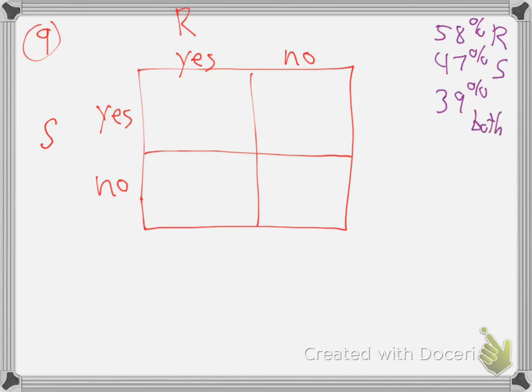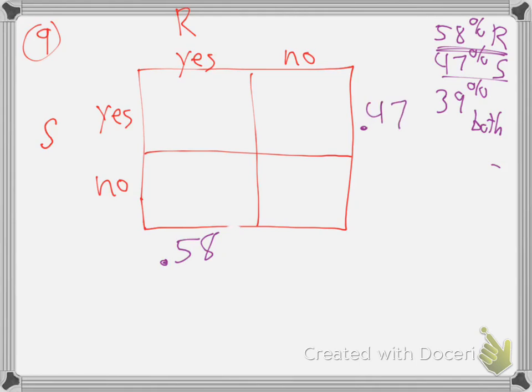Okay. So 58% Measure R. Where do I do that? Right there, huh? Why don't we start going to decimals? I'll just go 0.58. Doesn't really matter. That's the yes R total, isn't it? And then 47% Measure S. That's right there, huh?